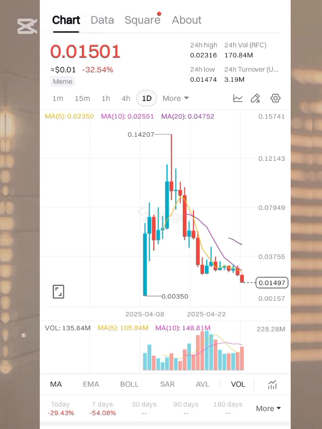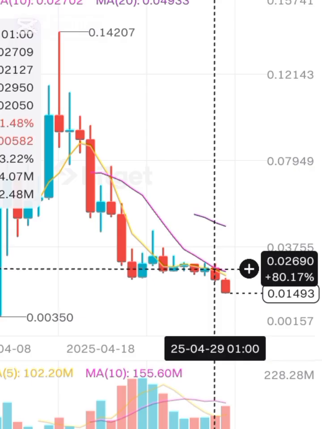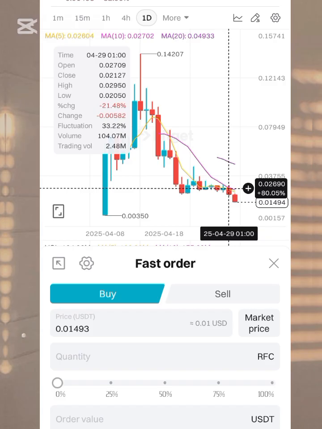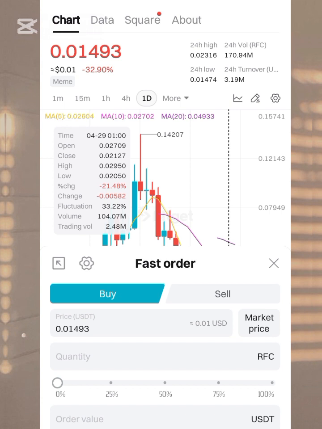So you can see the psychology of this type of trade now. The sellers should be exhausted by now, and we the buyers are hoping that the sellers are exhausted, and it's time for us to come into the market and take it back to the entry. So this coin was at 0.02690, and it fell to 0.0149.